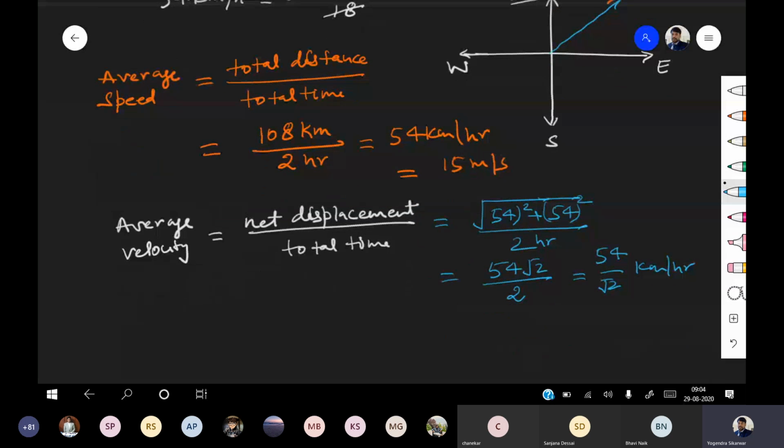So per second will be 15 by root 2 meters per second. This is the answer. Noted.